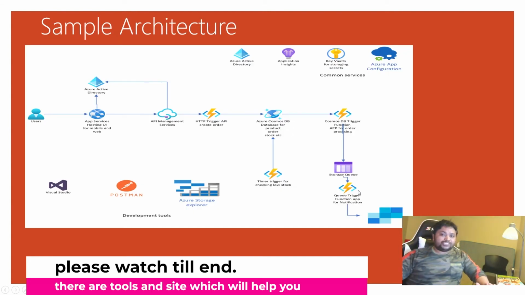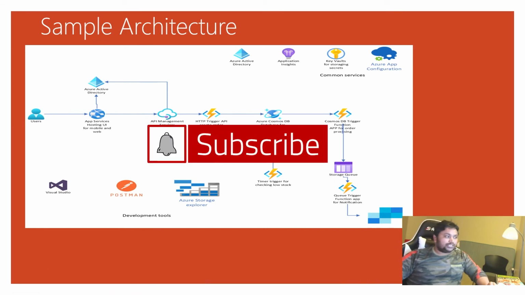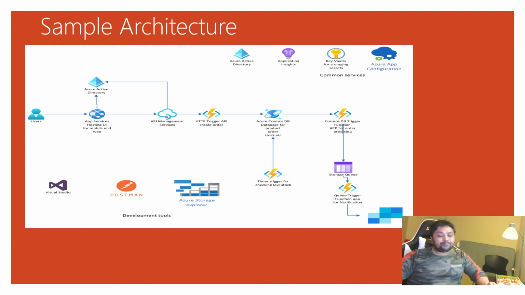For the scenario I talked about, here is the simple architecture I am thinking of. Suppose a user is using some kind of UI, which might be hosted on Azure App Services. App Services is one service where you can host your web UI or API.